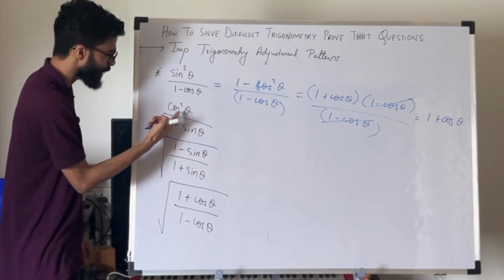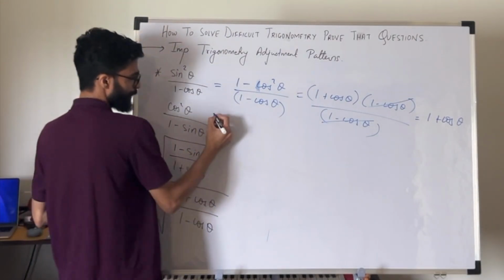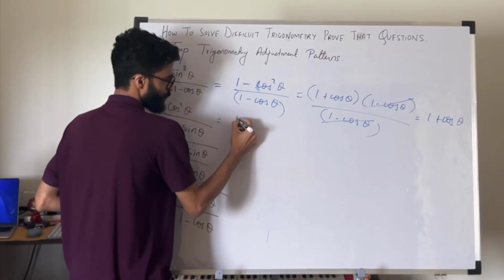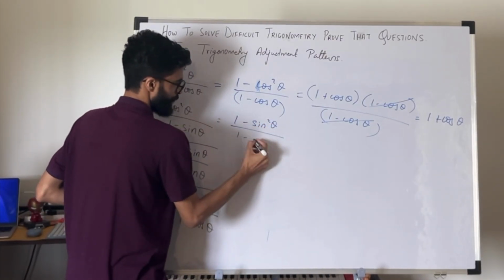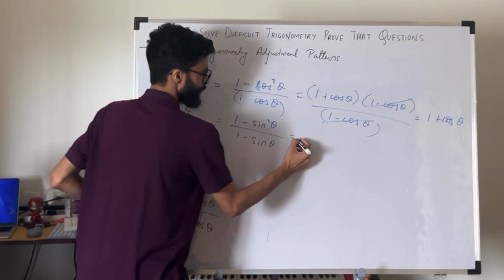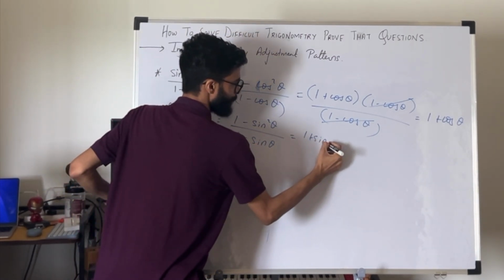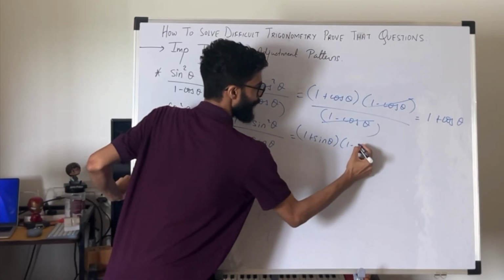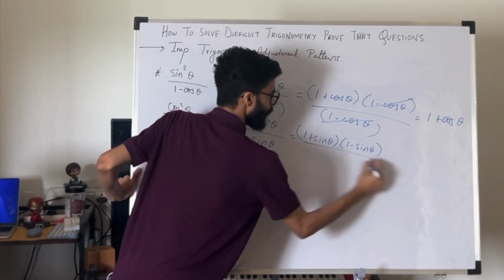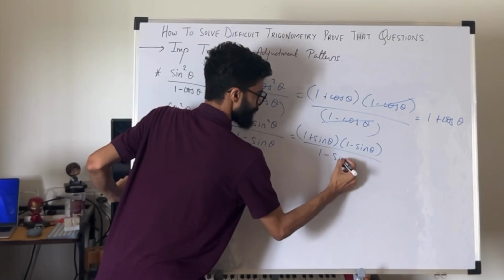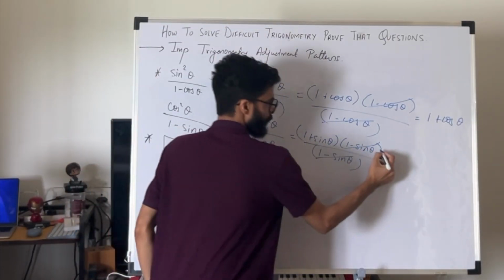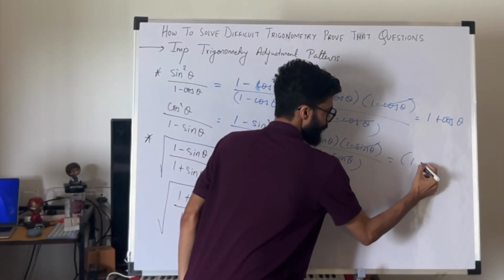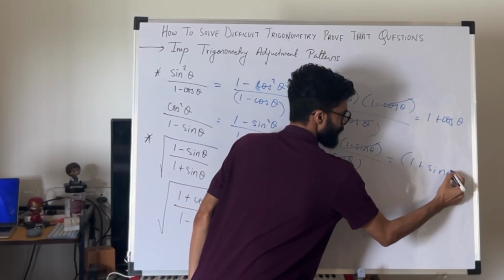Similarly, cos square theta upon 1 minus sin theta, you can try this as 1 minus sin square theta upon 1 minus sin theta. This is 1 plus sin theta into 1 minus sin theta upon 1 minus sin theta. 1 minus sin theta, 1 minus sin theta cut. After simplification, I am getting 1 plus sin theta.